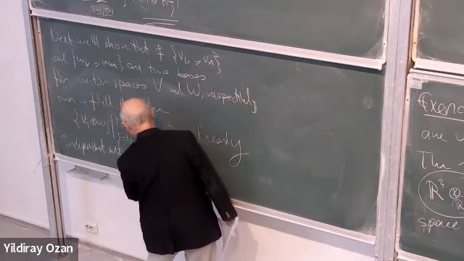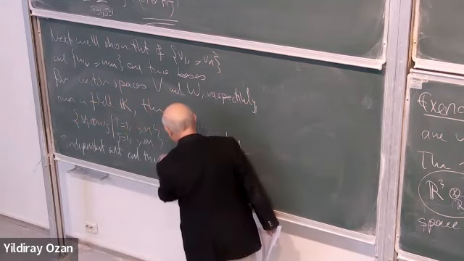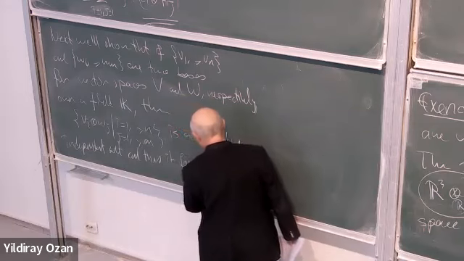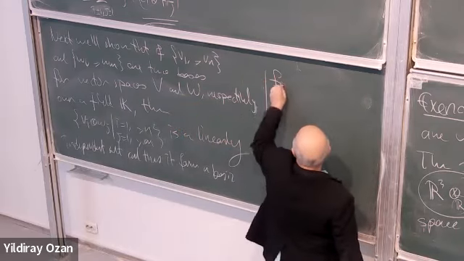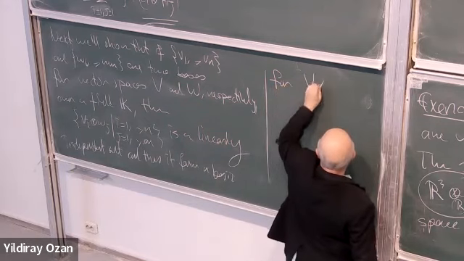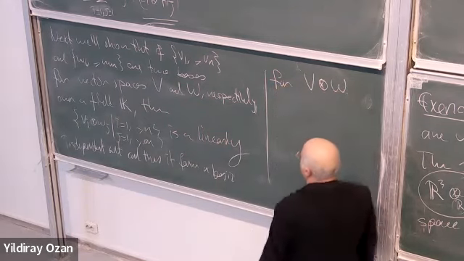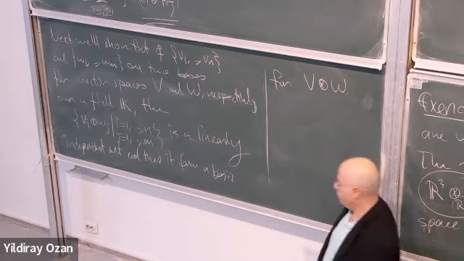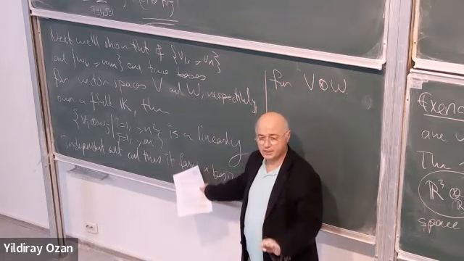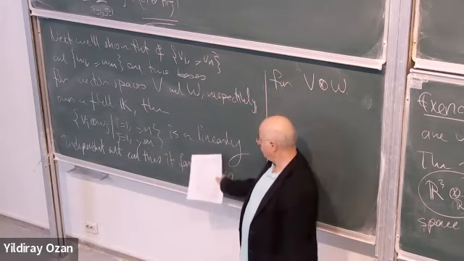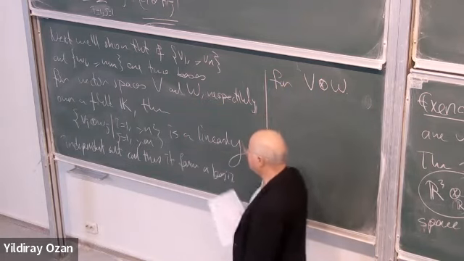And thus it forms the basis for V tensor W. In particular, if I show that this is linearly independent, I already showed that it's a spanning set. So all I need to prove is that it's linearly independent.